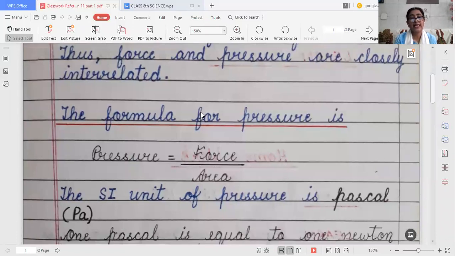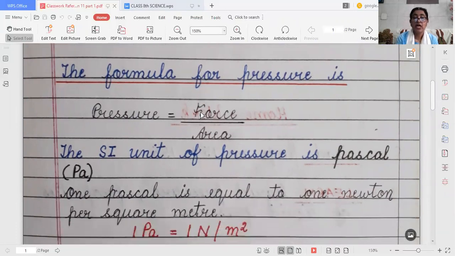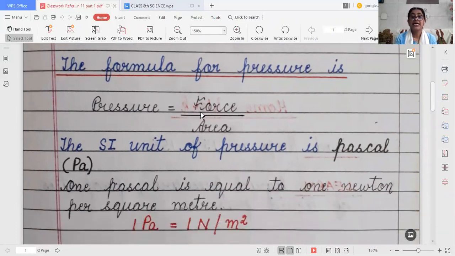The SI unit, the standard unit of pressure, is Pascal, which we can write as Pa. 1 Pascal is equal to 1 Newton per square meter, because the SI unit of force is Newton, and for area it is square meter.